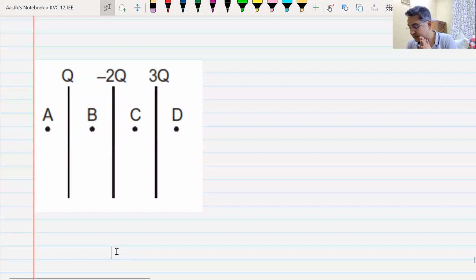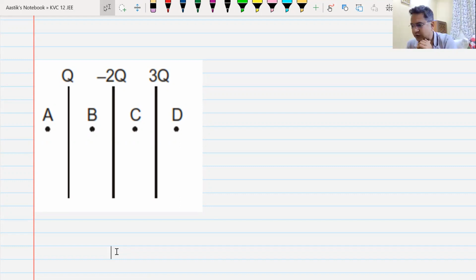Now I have 3 plates. The surface area of each plate is given as A. One plate is having charge plus Q. The other one is having minus 2Q. The third one is having charge 3Q. Now this question will come again when we try to wind up this chapter. Maybe before that.